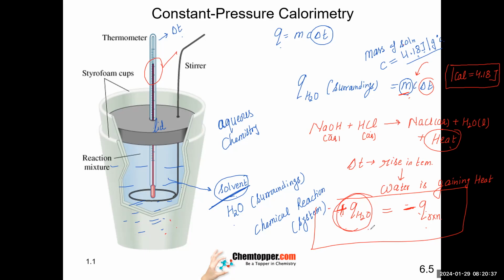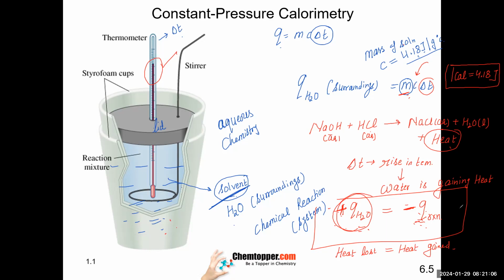If water is gaining, reaction is losing. If reaction is gaining, water is losing. System and surroundings, first law of thermodynamics: heat lost is equal to heat gained. So we are going to use this concept.